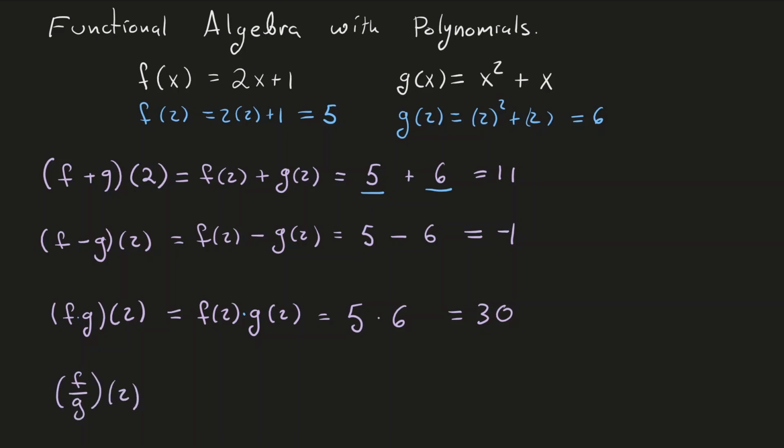And I want to note, this must be provided that g of 2 is not 0, because you can't divide by 0, which is fortunate in this case here, where g of 2 is 6, but it can happen that you're dividing by 0. So in this case here, this is f of 2 divided by g of 2, which is equal to 5 divided by 6, which is rather nice.